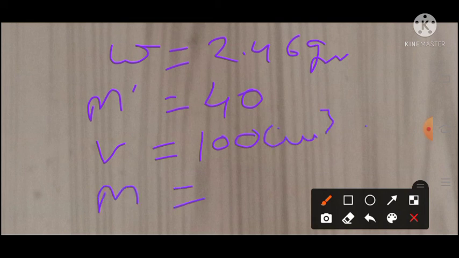Now what is the molarity of the solution? We know molarity equals weight of solute divided by molar mass of solute into volume. It is also defined as the number of moles of solute present in 1 liter of solution, known as the molarity of the solution.